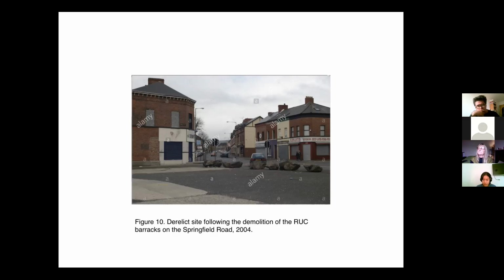And one thing, if I want to reconfirm, this is at Springfield Road in Belfast. Was there a very specific reason as to why you chose the Springfield Road and not where the wall was first initially erected, such as Dover Street or in that area?